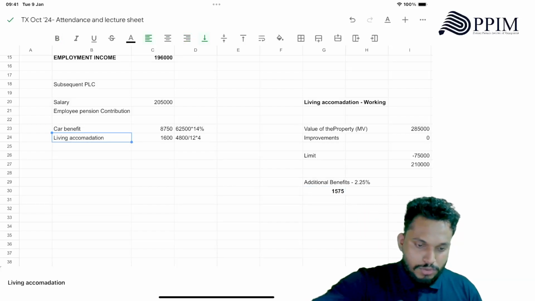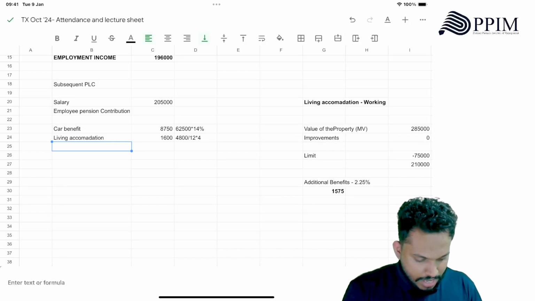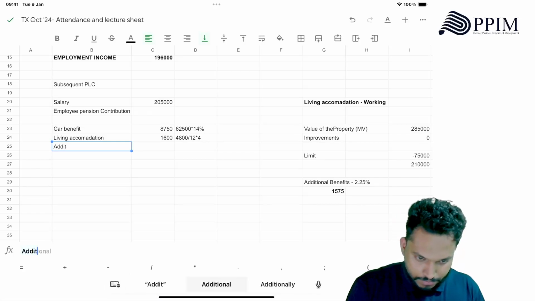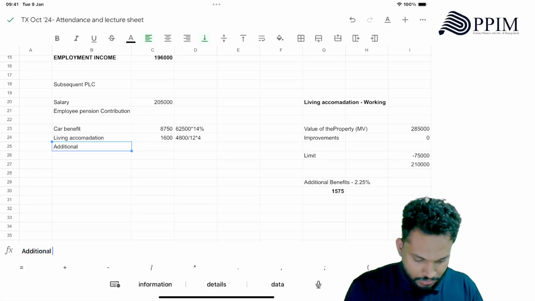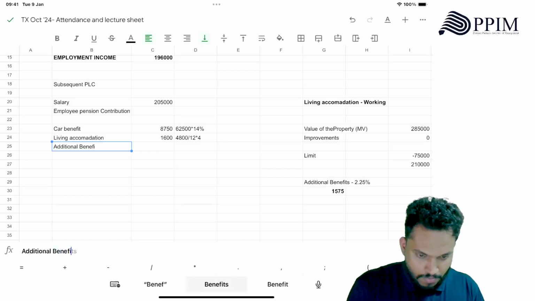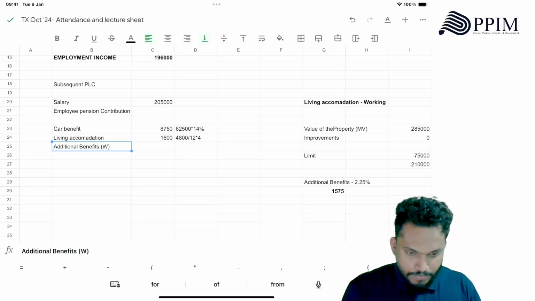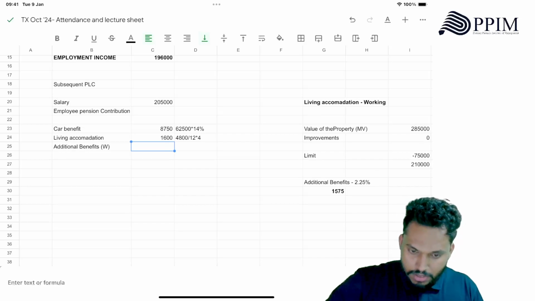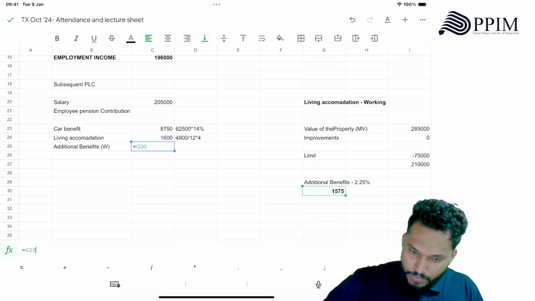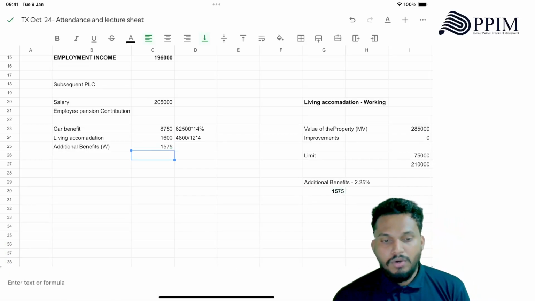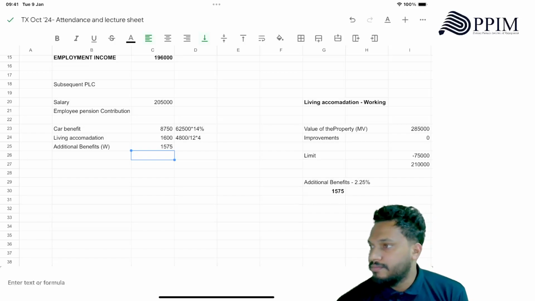Right. So which means the additional benefits need to be taken from your working. I'll put a W there. So that is equal to this amount, 1,535.